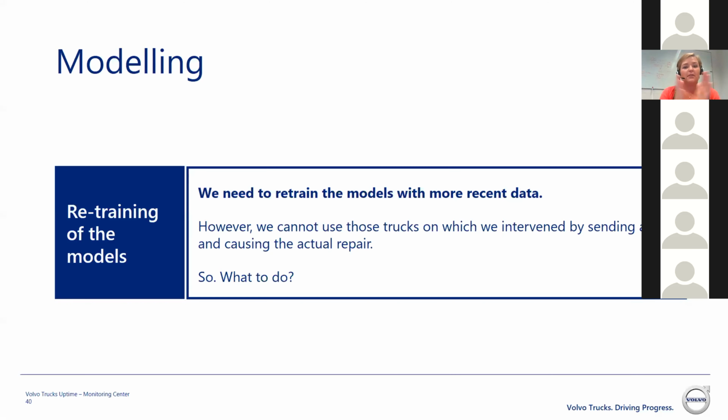You need to know, okay, this is time 0, these are the fault codes that happened. However, if we're sending cases, so if we're saying to our fleet, okay, you need to do a repair now, the time 0 shifts up, and you don't have the entire overview of the feature vector anymore because you're intervening in the time 0.